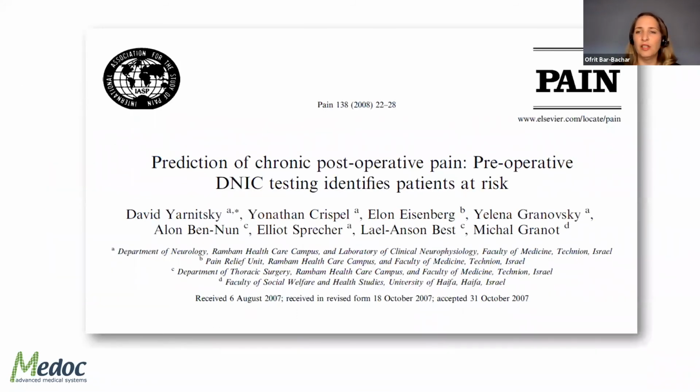In this study by the Janitzky lab into chronic post-thoracotomy pain, they found that CPM efficiency and acute postoperative pain intensity were two independent predictors for chronic postoperative pain. Pain thresholds and suprathreshold pain magnitudes did not predict this type of pain. And CPM also did not predict acute postoperative pain.